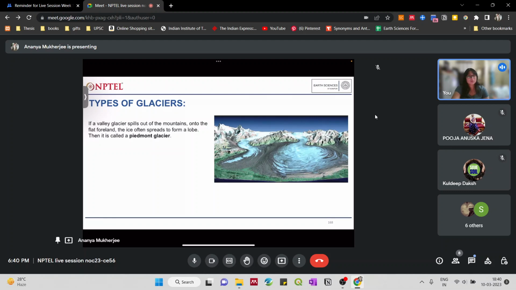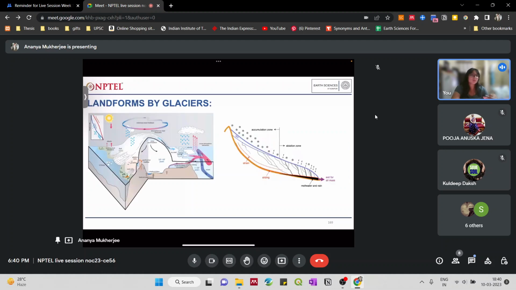So now we try to see what the life cycle of glaciers is. Like we had in rivers, where you had youth, mature, and then old. Similarly, if you just consider this, these are also the factors, there are a lot of factors which govern the formation and the melting of glaciers.